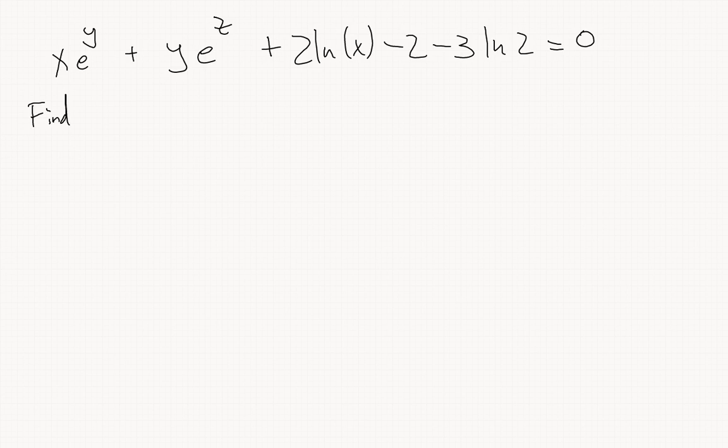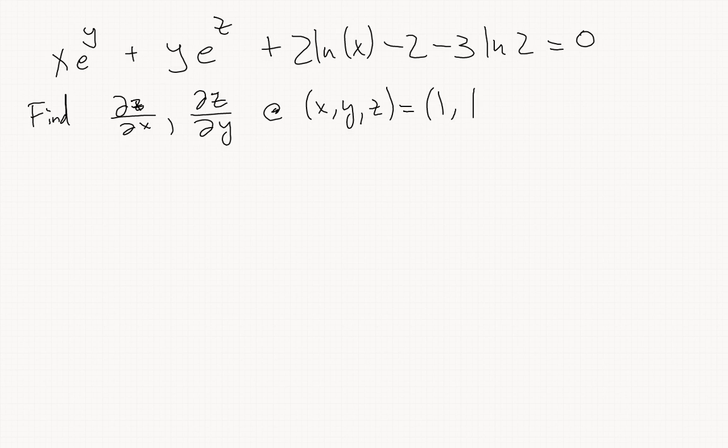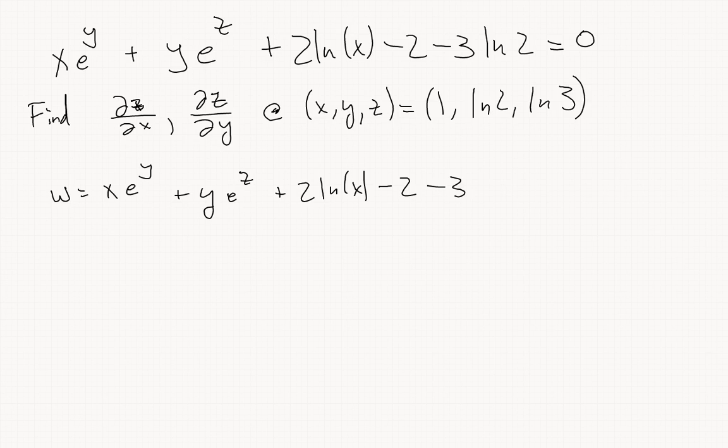We want to find del z by del x, del z by del y at (x, y, z) equals (1, ln 2, ln 3). So this will look sort of confusing. I'm going to define a variable w equals x e to the y plus y e to the z plus 2 ln x minus 2 minus 3 ln 2.